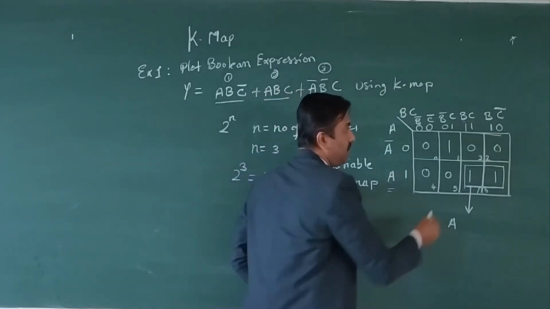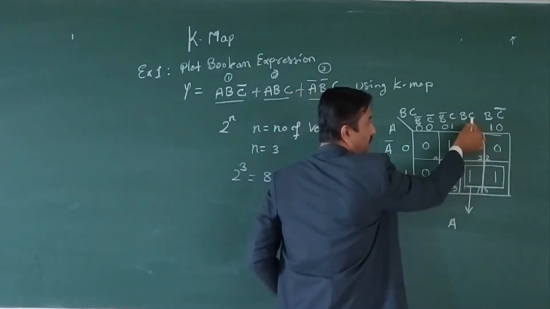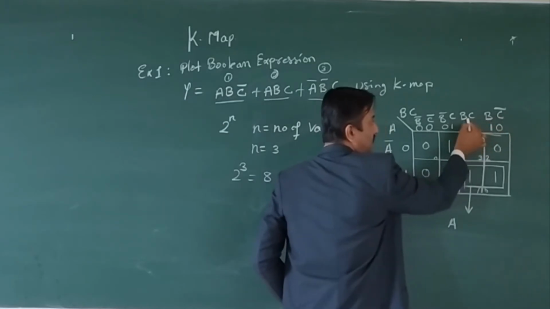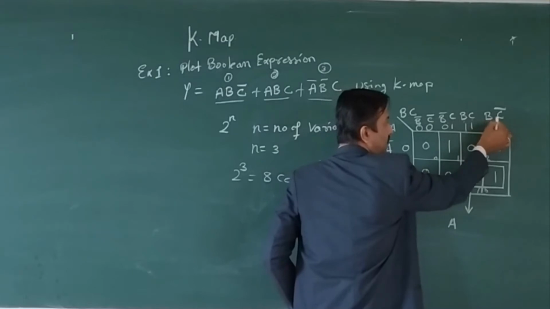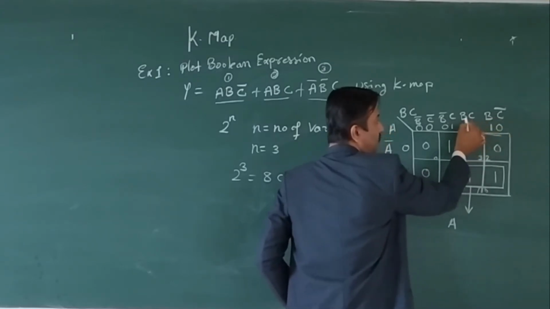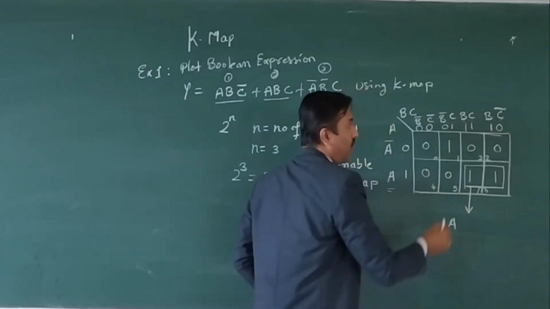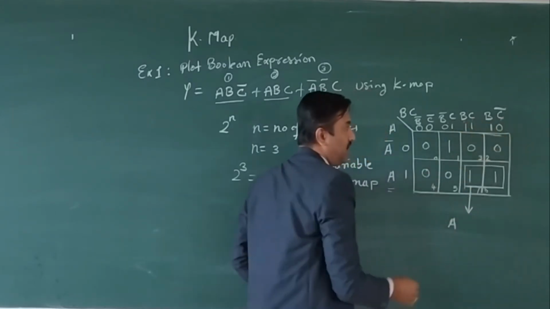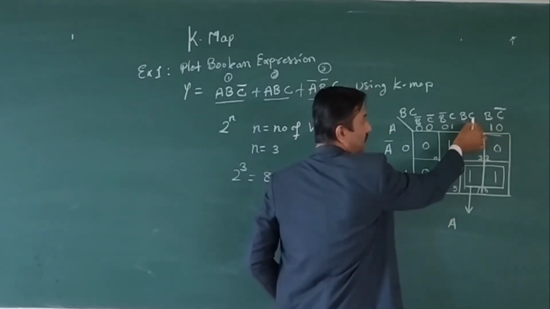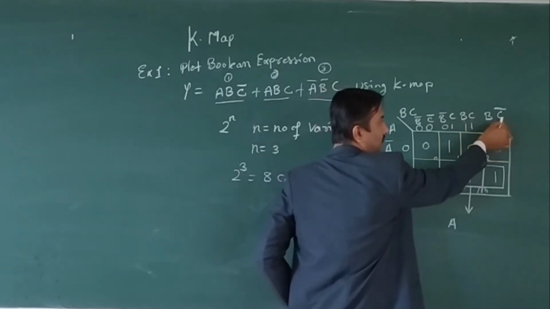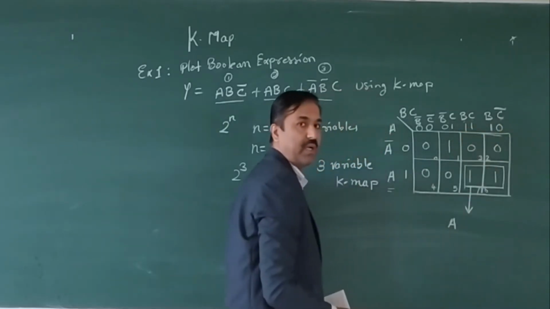Which is the variable which is changing? You see the variable C in this term BC, and in this term B, C bar. C is changing. Why? Because here C is in uncomplemented form, whereas here C is in complemented form.